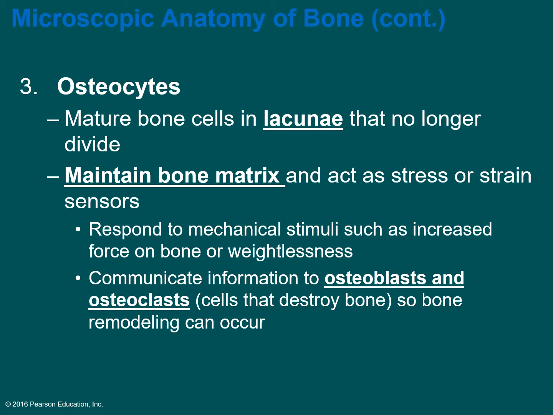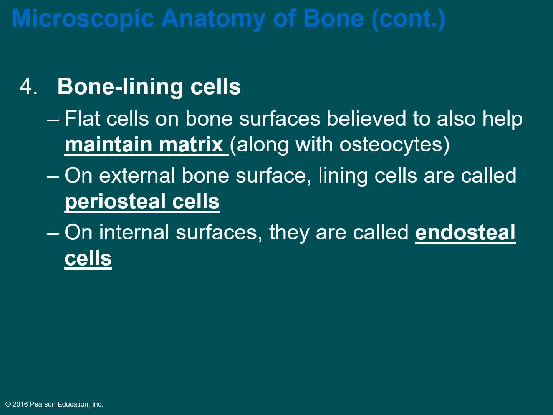Now, we just talked about the osteoblasts that are forming bone matrix. Osteoclasts are destroying the bone matrix, so they're the opposite of the blast. And then we also have the bone lining cells. These are cells that are on the surface of the bones. They help to maintain the matrix. On an external bone surface, these can also be called the periosteal cells.